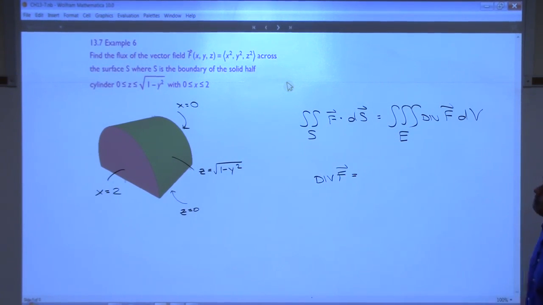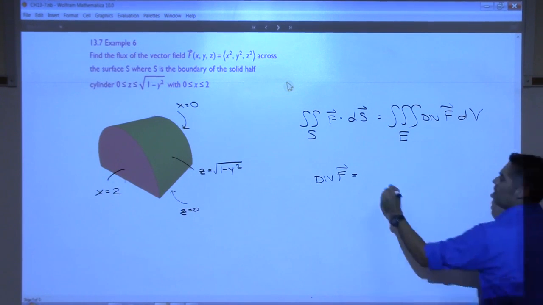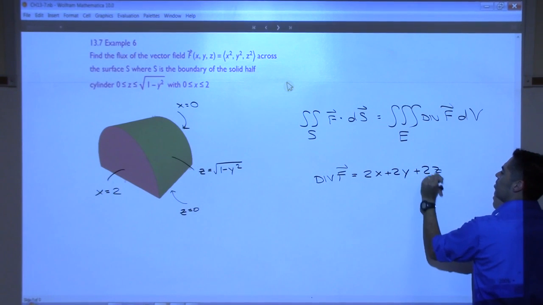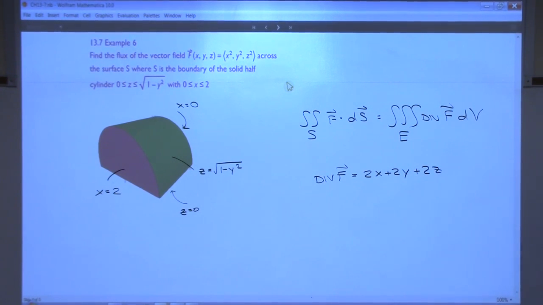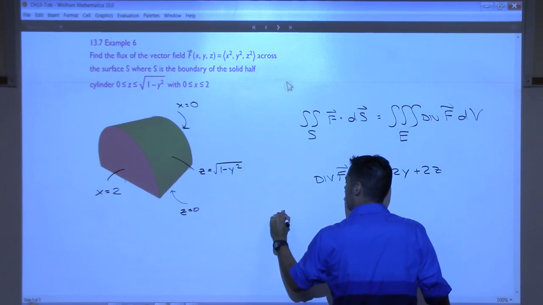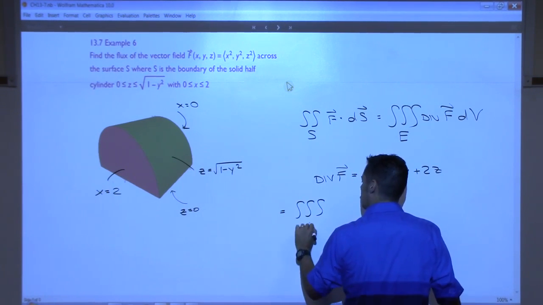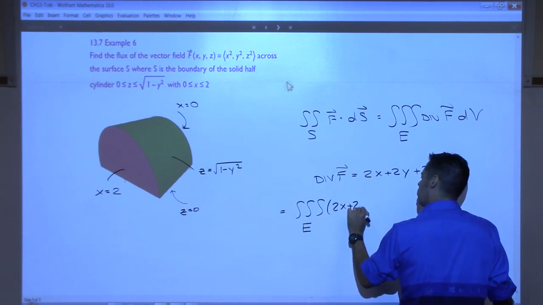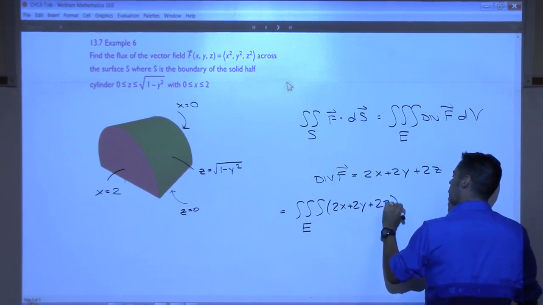What is it? 2x plus 2y plus 2z, right? Okay, well, it's not a constant, but it is what it is, right? So now this becomes the triple integral over E of 2x plus 2y plus 2z dV.